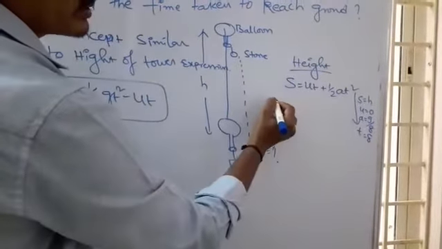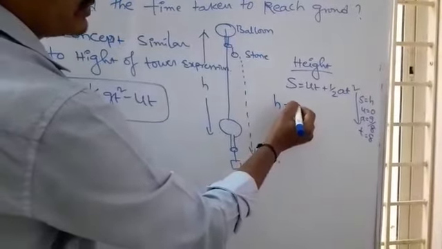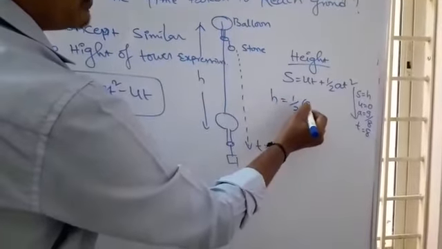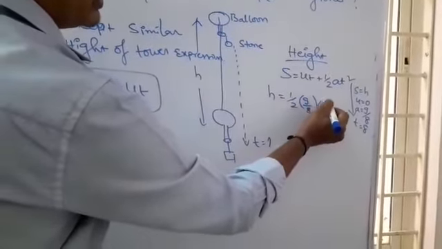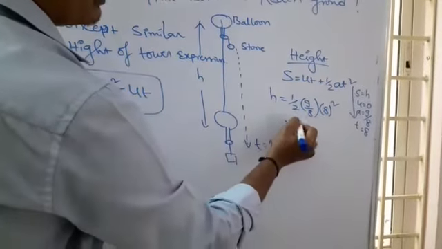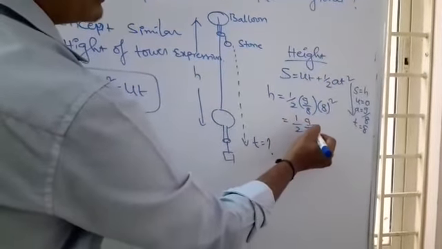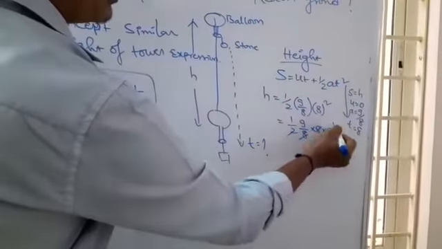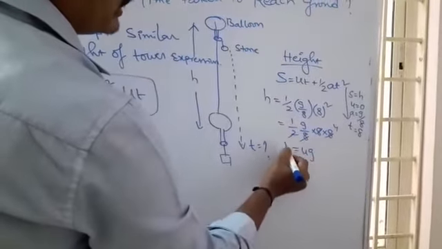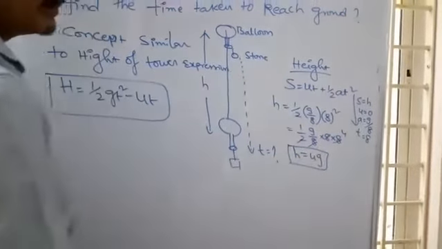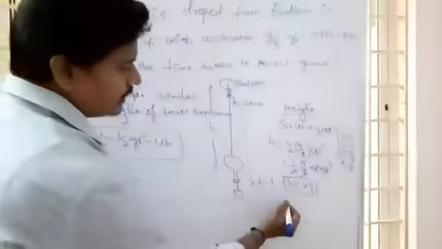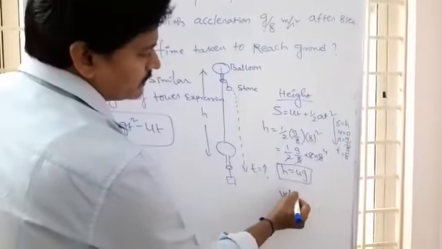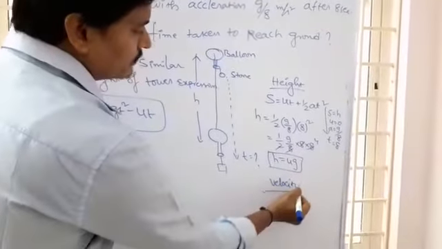Substituting these conditions, h is equal to 1 by 2 into g by 8 into 8 into 8, therefore 4g. This is the stone's fallen height.